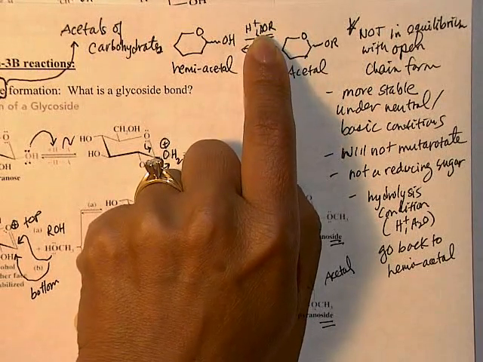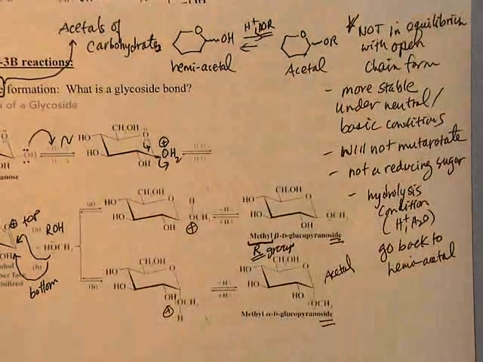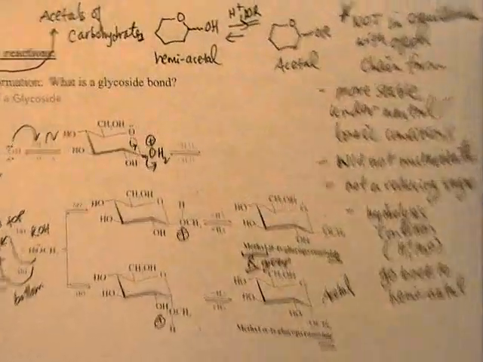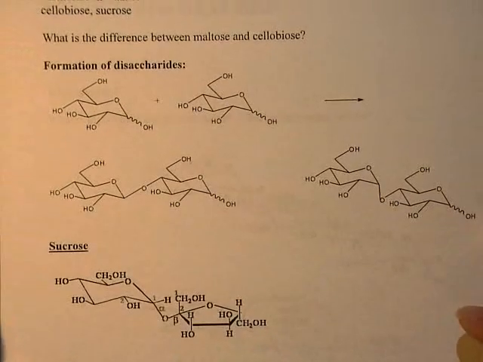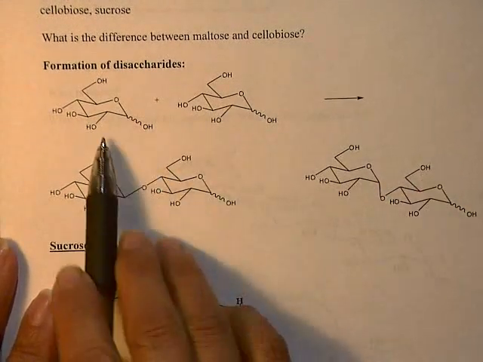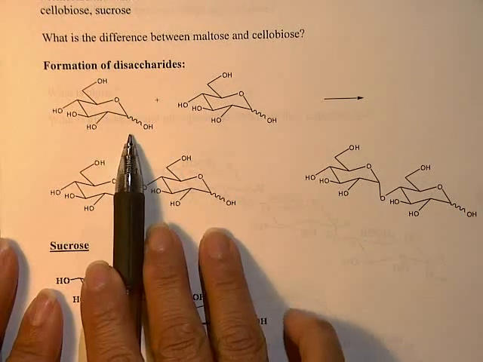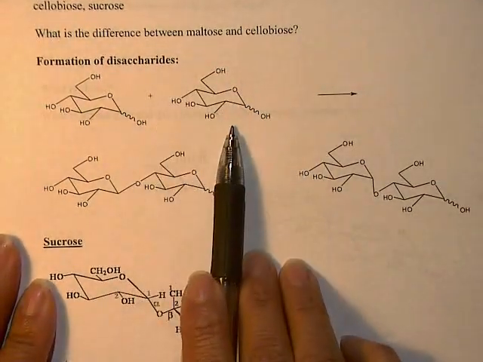When you do that, what you get is two monosaccharides connected together, called a disaccharide. So here's a structure of such chemistry, and what you're seeing is a monosaccharide reacting with another monosaccharide.